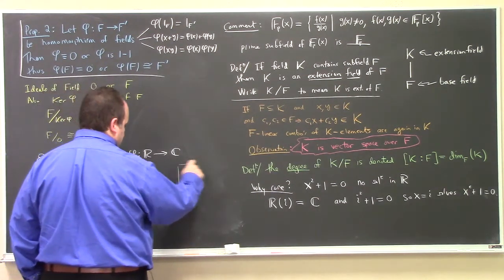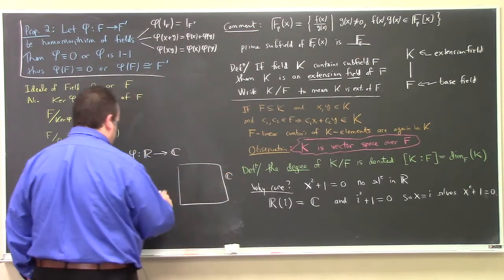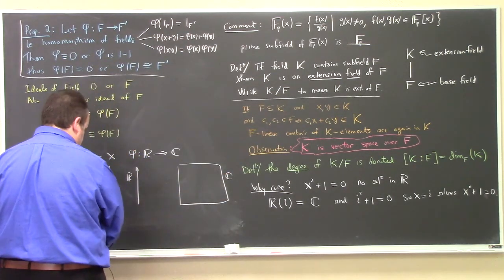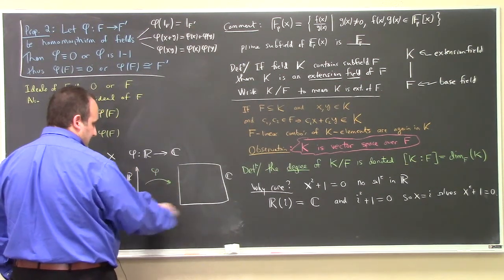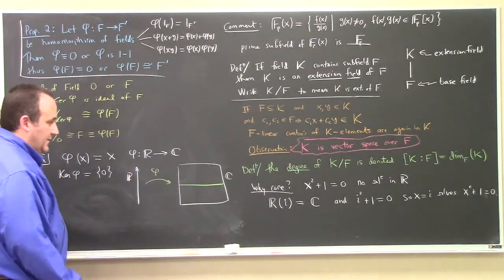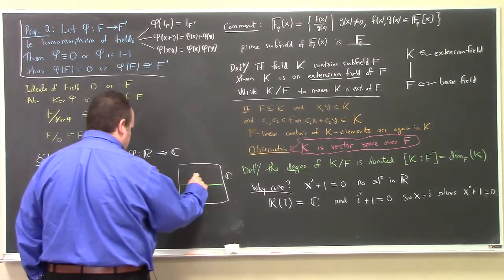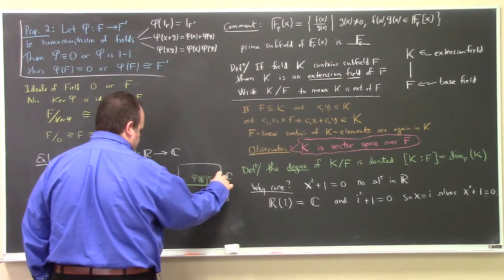Here's your complex plane, right? And this mapping, what does it do? It takes the number line and it just lays it out like that. And so this over here is technically phi of R, which is a subset of the complex number system.